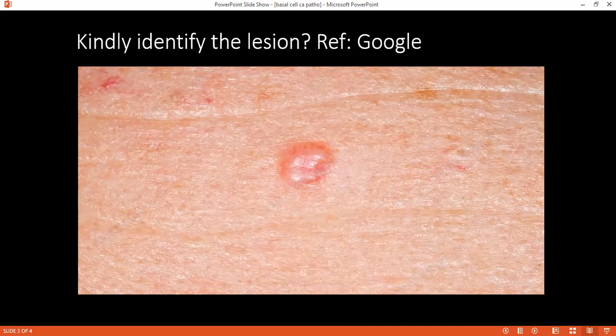And non-surgical treatment includes radiotherapy, topical fluorouracil and delta aminolevulinic acid.